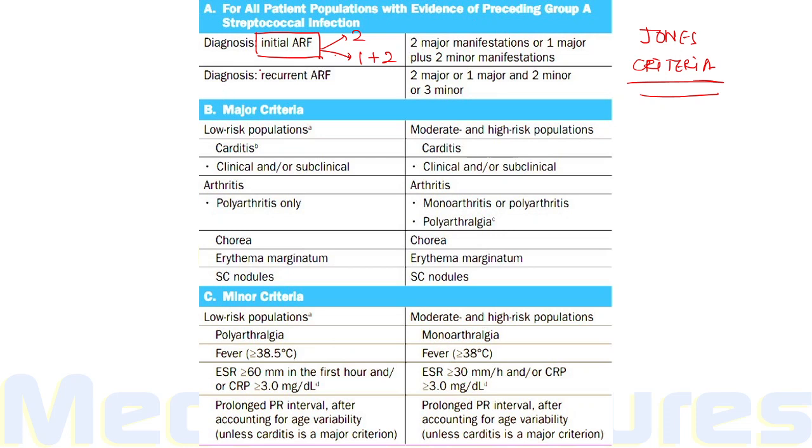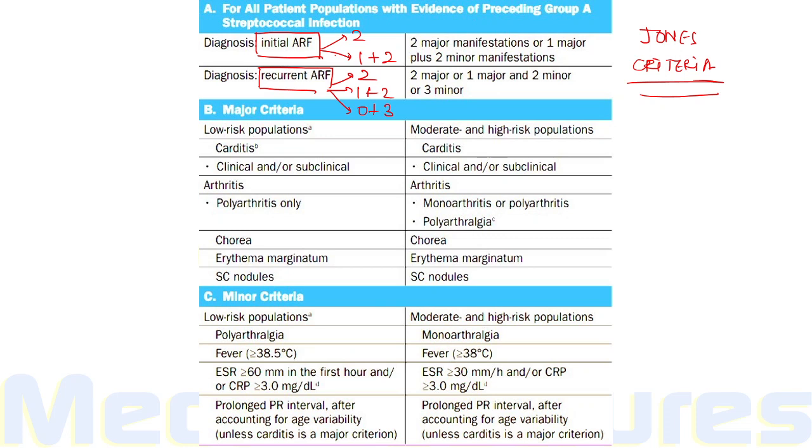On the other hand, for the diagnosis of recurrent ARF, either two major manifestations, or one major plus two minor, or three minor manifestations should be positive. Now what are these major and minor manifestations?